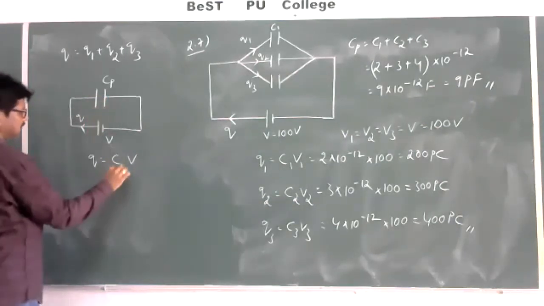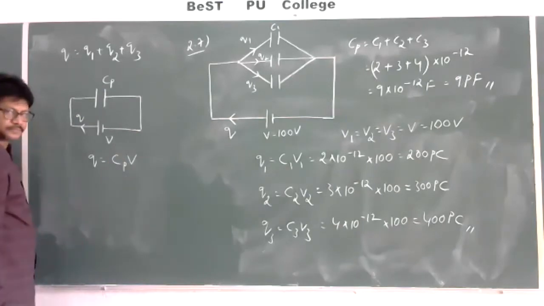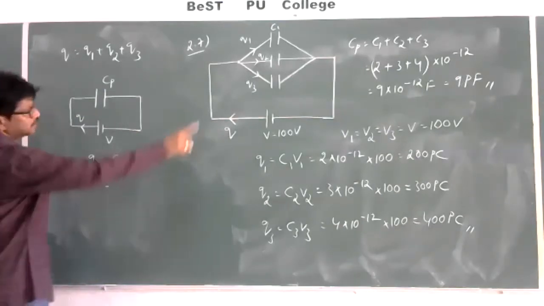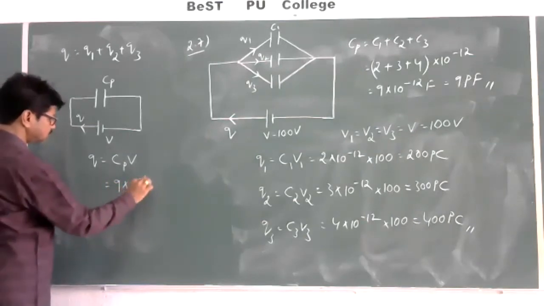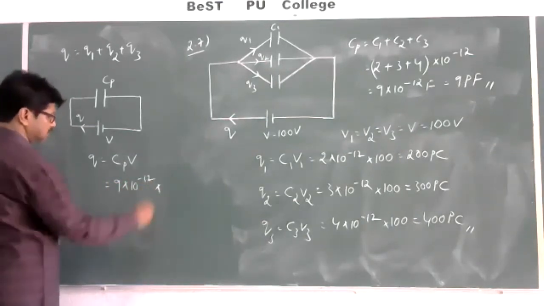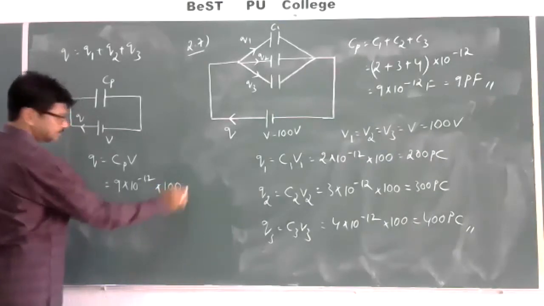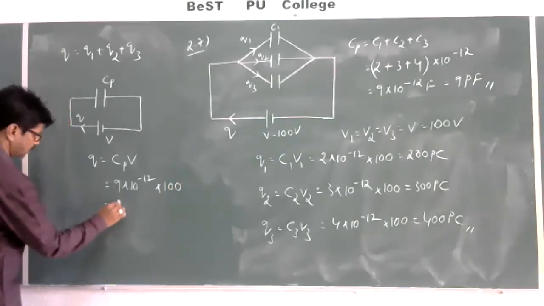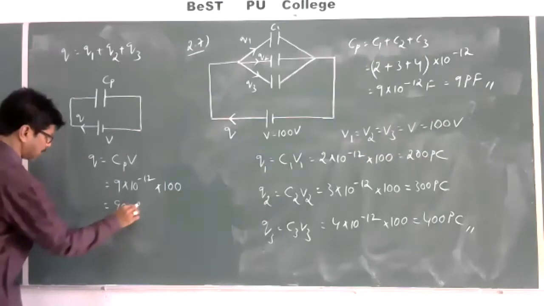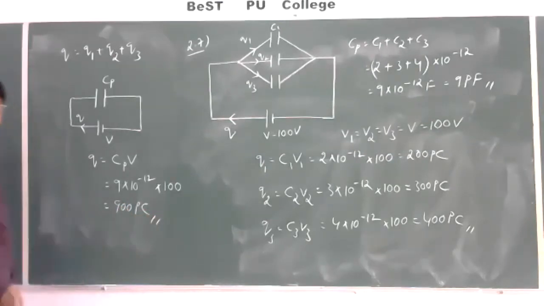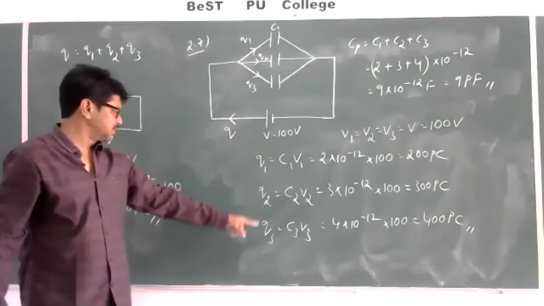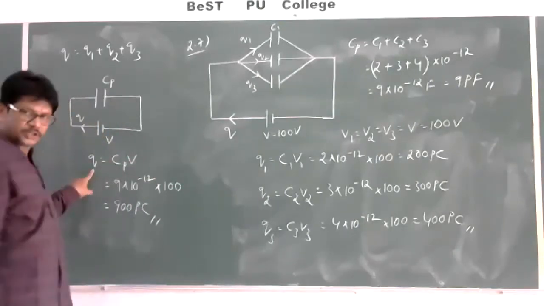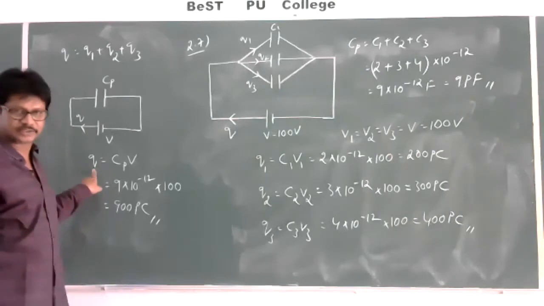Here C is nothing but Cp, where Cp is equal to 9 picofarad. V is equal to 100, which is equal to 900 picocoulomb will be the total charge. If the sum of all these charges is equal to Q, then our problem is correct.